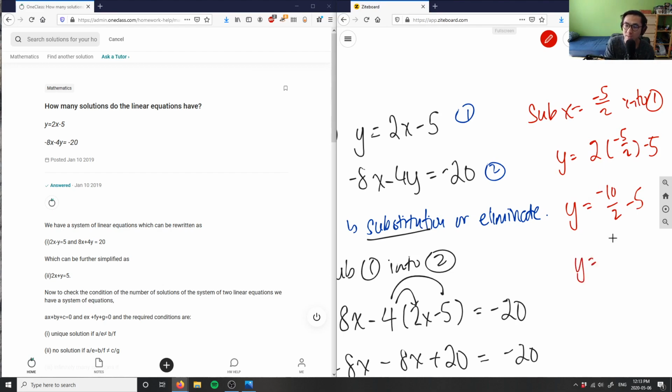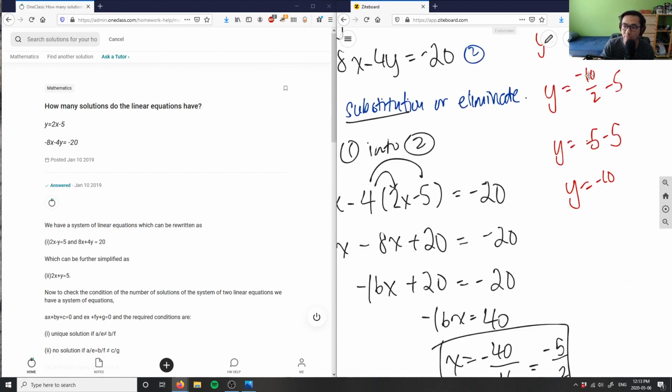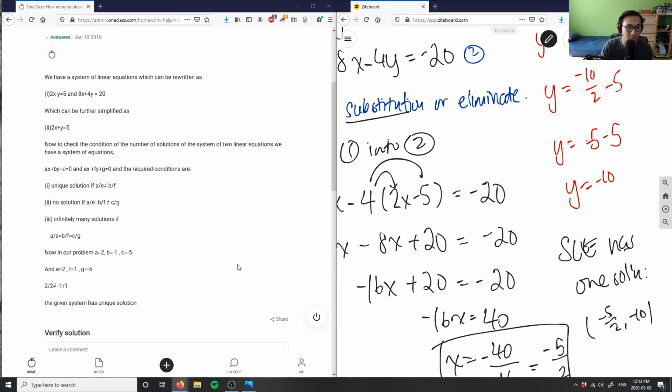This simplifies to 5 minus 5. So y here equals 0. So this here is my point of intersection. You can say that this system of linear equations, SLE, has one solution, and it is the point 5 over 2 and 0. And this here is my solution for this problem.